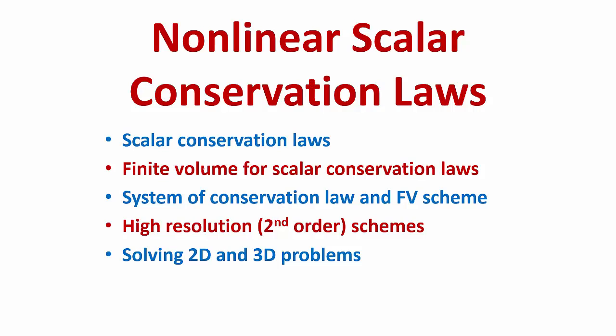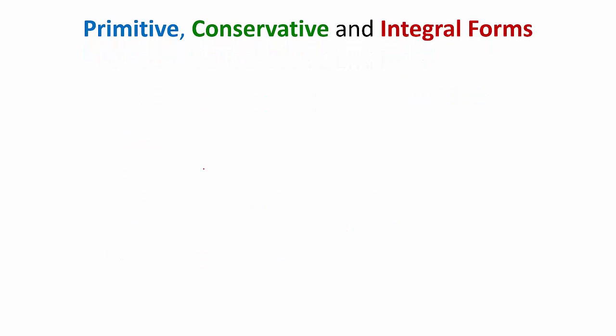Okay, and so we are going to discuss how to go to second order schemes. And then we are going to discuss how to solve 2D and 3D problems, including unstructured grids, using finite volume. All right. Okay. So let's first introduce what conservation laws are.